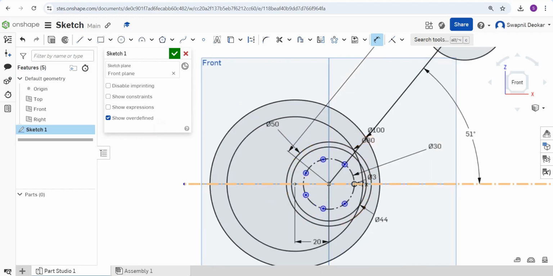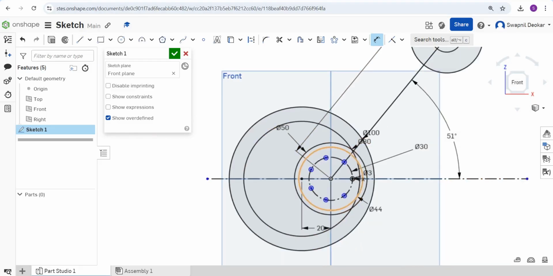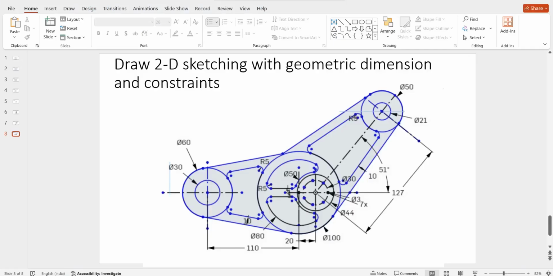Now next we are going to do another circle, that is 110 away from this center, and 30 and 60.